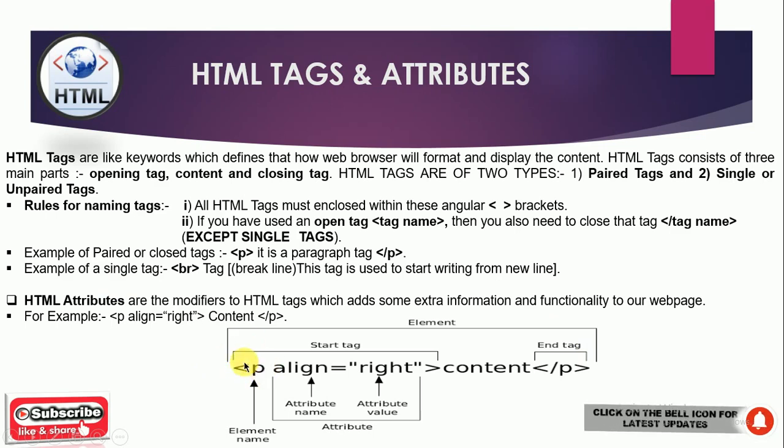I opened the paragraph tag. This is called the tag element. This is the attribute name, this is the attribute value. This is the start tag, here you will write the content, and this is your ending tag. I hope these two topics are clear to you all.